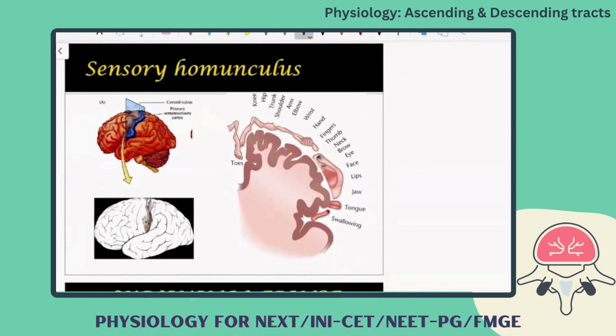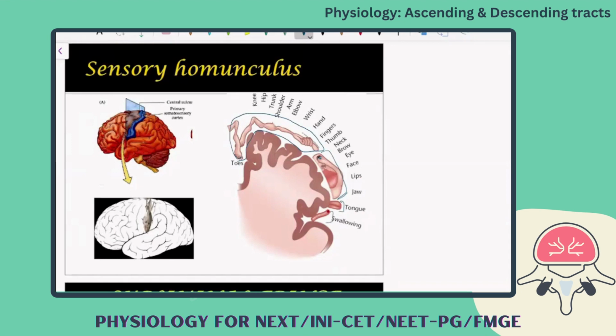See, this is your cortex, and the biggest part is being occupied by your upper limbs and the lower limbs, and the face has the smallest region when compared to the upper limbs and the lower limbs, then the tongue and the swallowing centers, all those things.